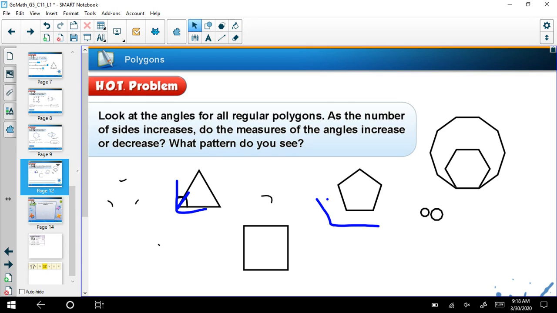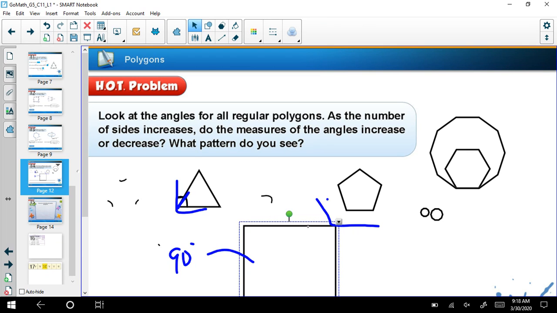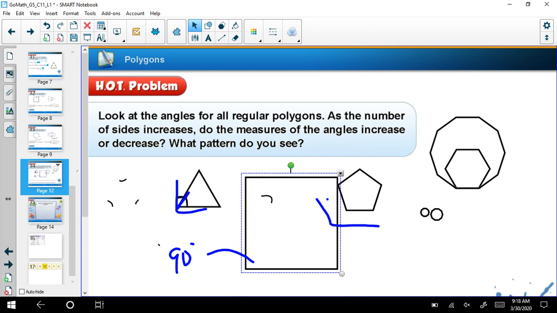And it doesn't really matter the size of the polygon that we're putting on top, because in all reality, all angles in our quadrilateral are always going to be 90-degree angles. And it doesn't matter if our quadrilateral is this size or if our quadrilateral is significantly bigger, we're going to have that 90-degree angle.